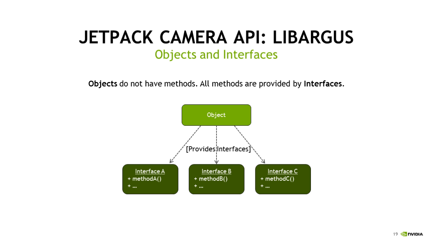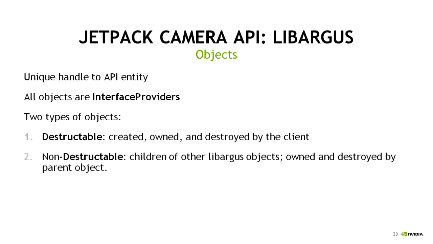The most fundamental design choice adopted by Argus is that all methods must be provided by interfaces rather than directly by object types. Besides providing a cohesive API through specialized interfaces, this design is crucial for the versioning and extension mechanism used by Argus, which we'll see shortly. Since objects do not provide methods directly, they should be thought of as opaque pointers or unique handles to API entities.